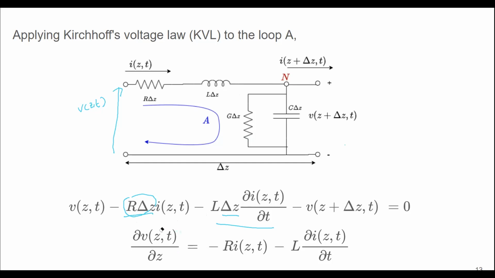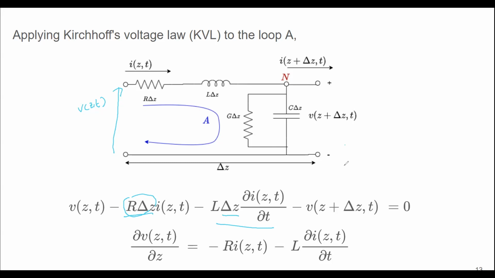So then we can take the terms related to these voltage drops across the resistor and the inductor to one side, right? So I hope you understood that, right?